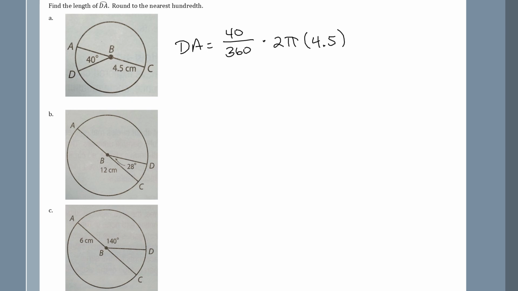Fraction bar in there, 40 over 360 times 2 times pi times 4.5. And it's 3.1415, and so on, so it'd be 3.14 for this problem. Interestingly enough, when I simplify it all, it's actually equal to pi.